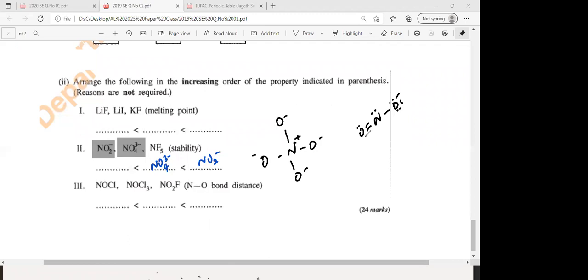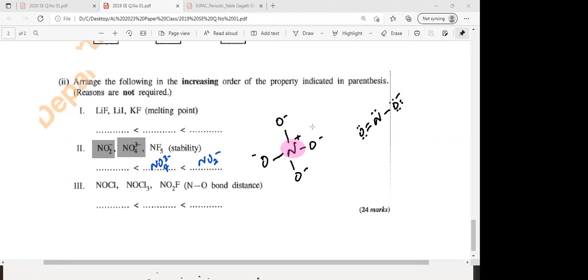When there is a plus charge on the nitrogen atom, it is unstable obviously. When an electronegative atom like nitrogen carries a plus charge, it is less stable, right?